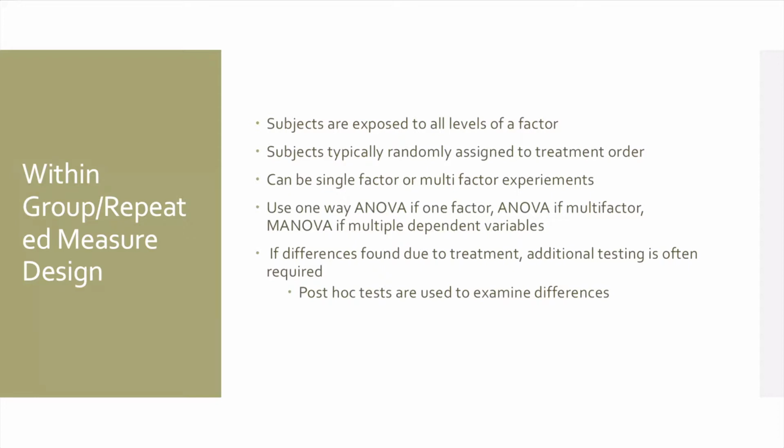A within groups repeated measures design can be examining a single factor with multiple levels, or it can examine multiple factors. So again, we can see single factor repeated measures designs or multi-factor repeated measures designs. If one factor is studied, an ANOVA is performed.